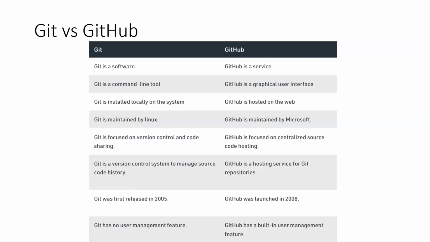You can just use the Git functionality on your system. But GitHub is a service, hosted on a portal, so a network must be there.